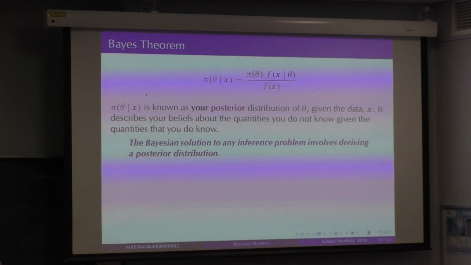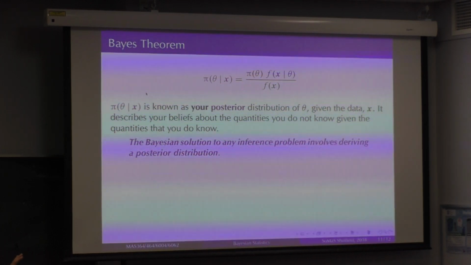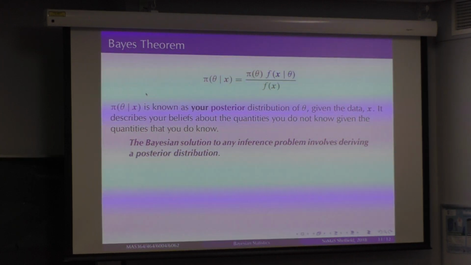It's a probability distribution on the parameter conditional on the data. And that encodes all you know about the parameter after observing the data. Any Bayesian solution goes through the posterior. You will be dealing with distributions day in, day out, okay?